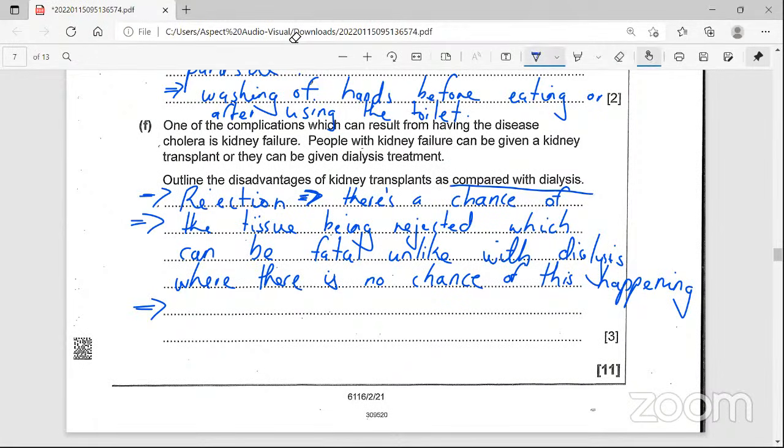Pain. You'll be in pain. Not too sure about that one. That's mentioned under rejection. Yes.